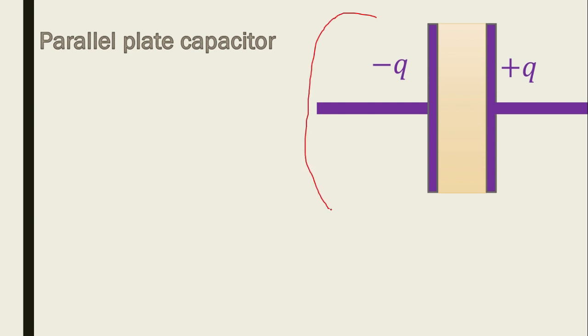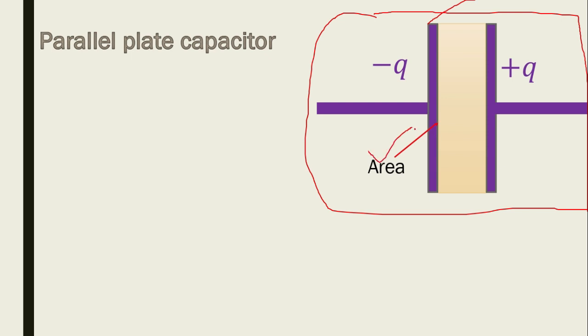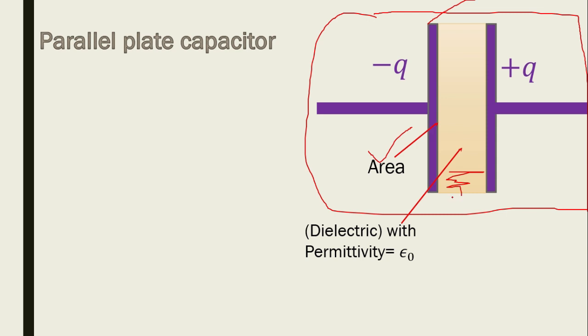This is a diagram of a parallel plate capacitor. The surface of the plates will be considered as area, and the medium in between is known as the dielectric. Permittivity of this dielectric is epsilon naught.